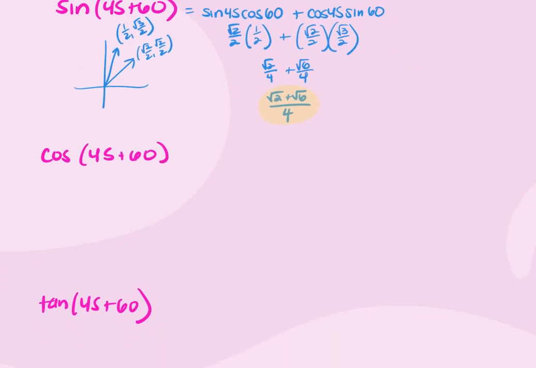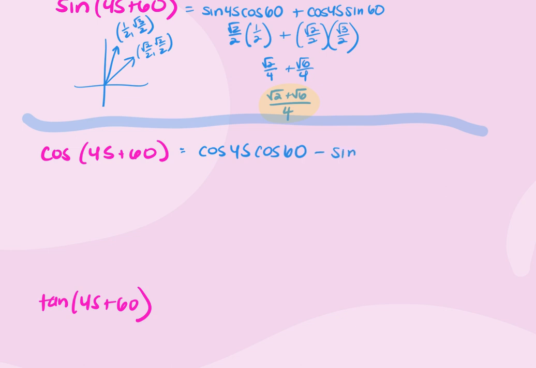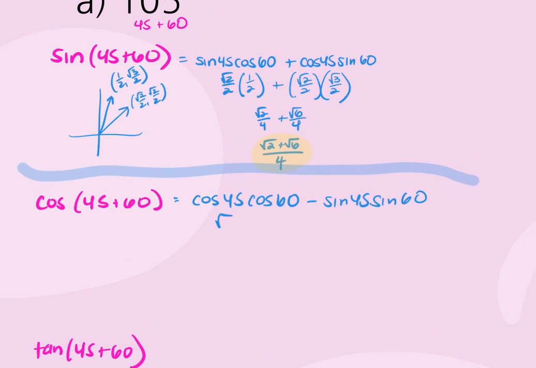All right, now do cosine. So the cosine pattern is cosine, cosine, sine, sine. So cosine 45, cosine 60. Change the sign or keep it? Change it. Sine 45, sine 60. We already know these coordinate points because we looked them up for the first one.